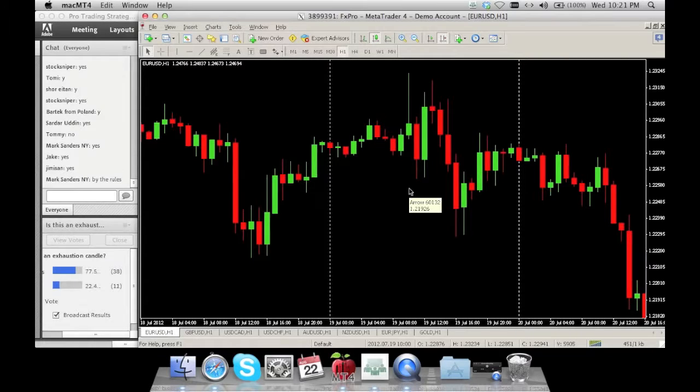Now, one more pattern we want to recognize is an upside down exhaustion. What is an upside down exhaustion? So let's take a look.